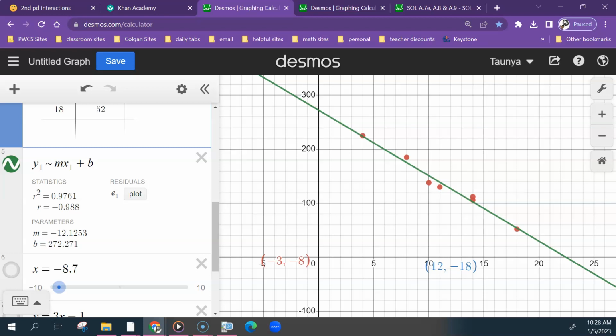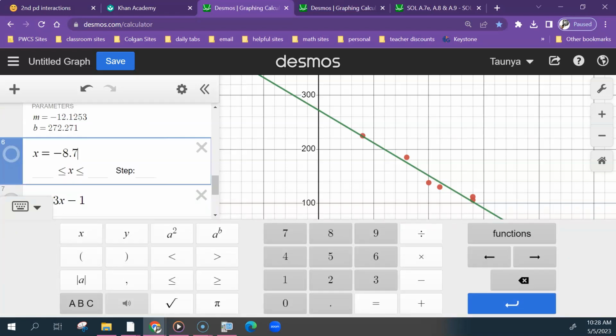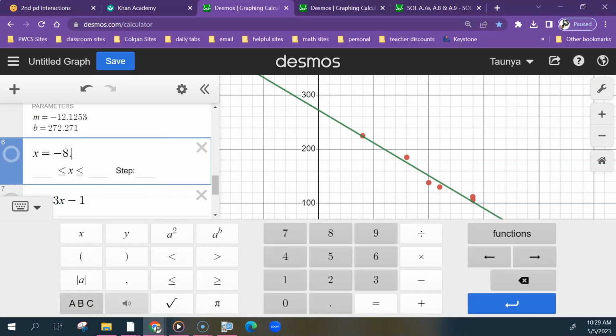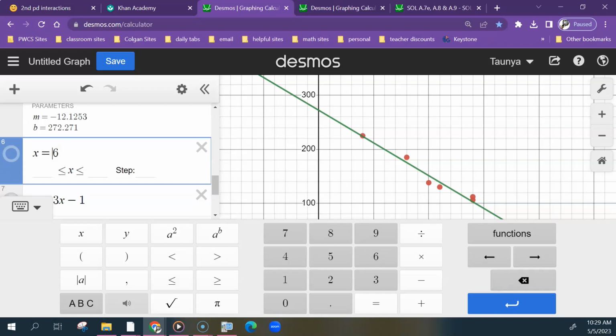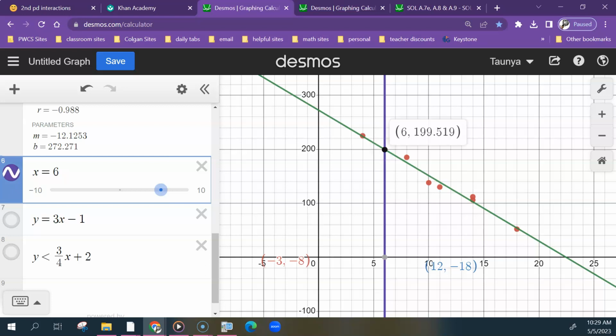And then you had to find when x is 6, and look at where those two lines cross. 199.519. The closest answer would be D, 200.